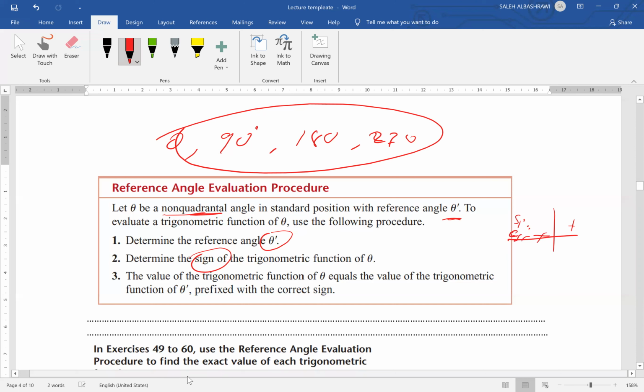If in the third quadrant, then tangent and cotangent are positive. If theta is in the fourth quadrant, then cosine and secant are positive. So in the second step, we need to determine the sign of the trigonometric function of theta. Third step, the value of the trigonometric function of theta equals the value of the trigonometric function of theta prime with the correct sign.